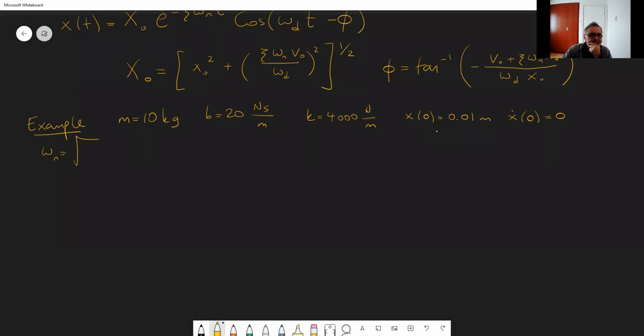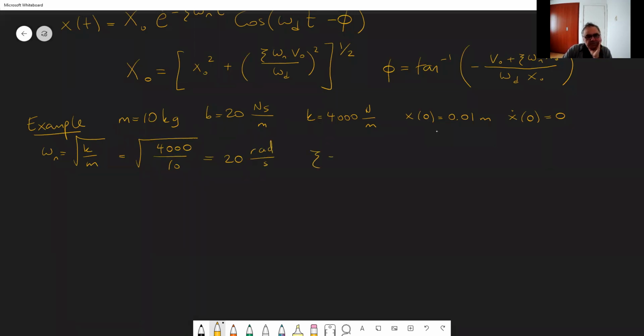The natural frequency is root k over m, which is 4,000 divided by 10, which is 400. The square root is 20 radians per second.